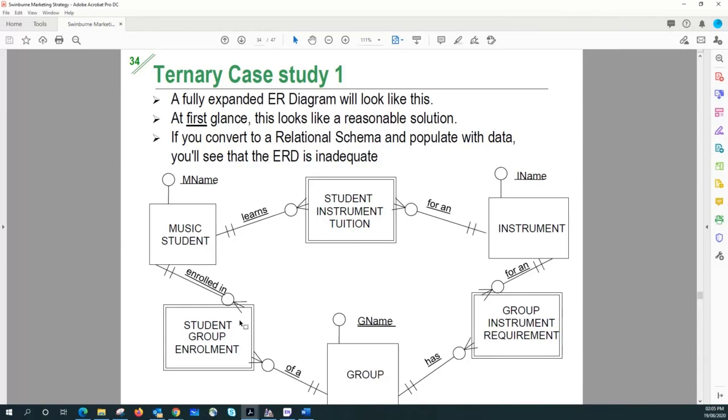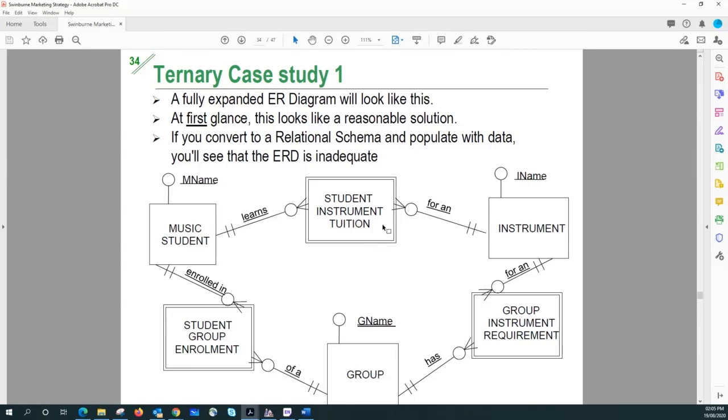So I have three weak entities now. In this case, I combine the two entity names to give a name for the weak entity, so just combine the student and the instrument.